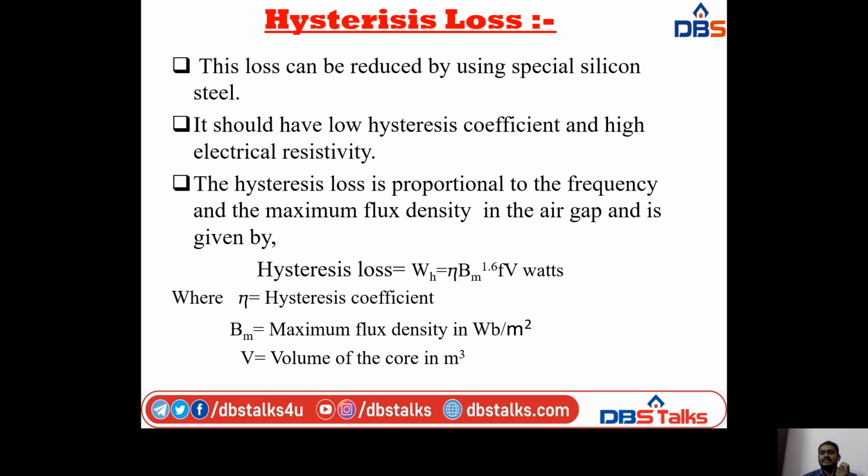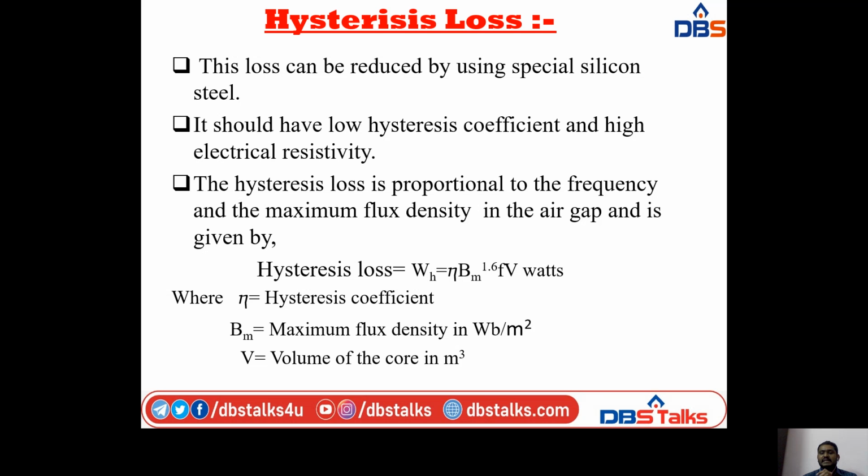The hysteresis loss is proportional to the frequency and the maximum flux density in the air gap, and is given by W_h equal to eta into Bm power 1.6 into F into V watts, where eta is the hysteresis coefficient, Bm is the maximum flux density in Weber per meter square, and V is the volume of the core in meter cube.